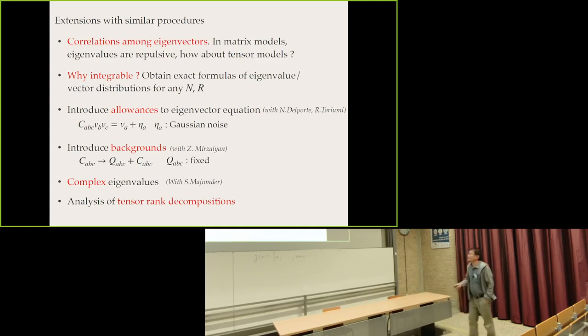I see. That's a very good question. I think the eigenvector represents some properties of the tensor itself. But I think that a more direct relation can be obtained by tensor rank decomposition. It's kind of expressing the tensor in terms of a number of vectors, and this corresponds to the singular value decomposition of the matrix.